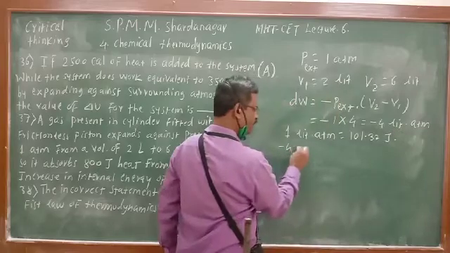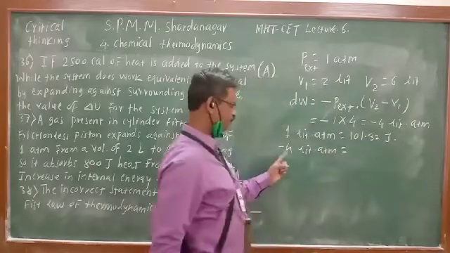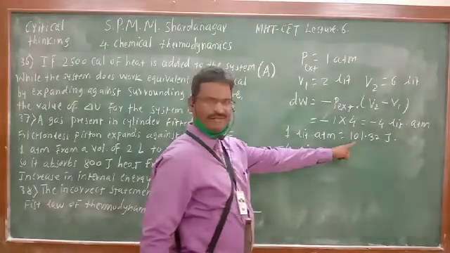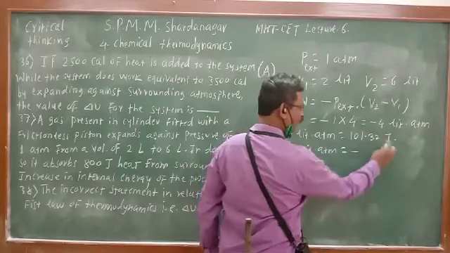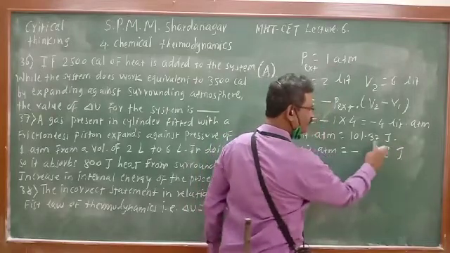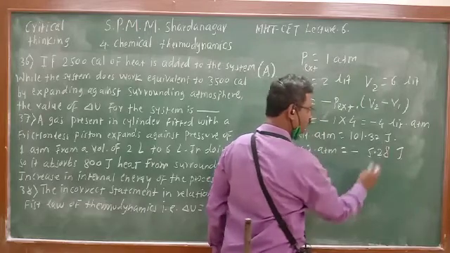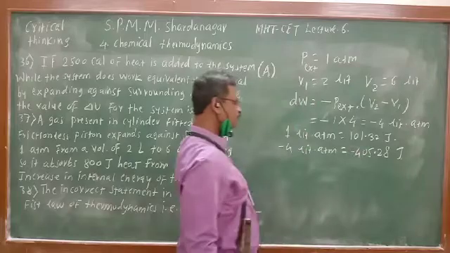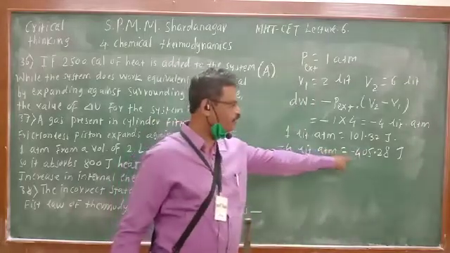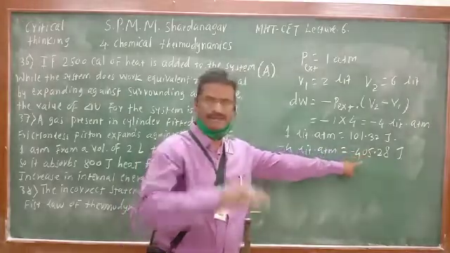So minus 4 liter atmosphere will be equal to minus 4 multiplied by that factor. So it comes equal to minus 405.28 joule of work.